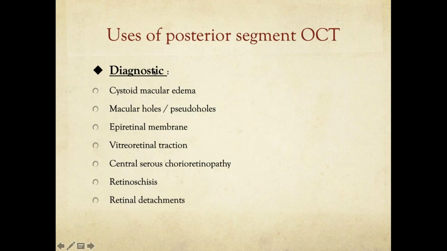This is especially a concern when you are doing a cataract surgery in a patient who has diabetic retinopathy and already a pre-existing macular edema, because you will have these kinds of patients in your practice, where the patient has diabetes, a certain amount of diabetic edema, and then has cataract.